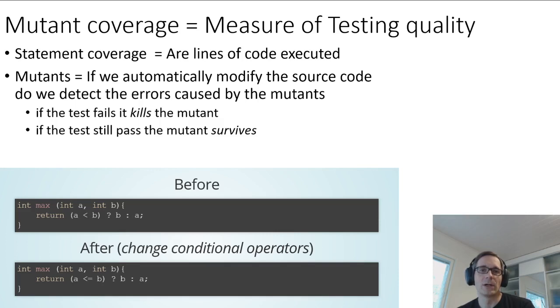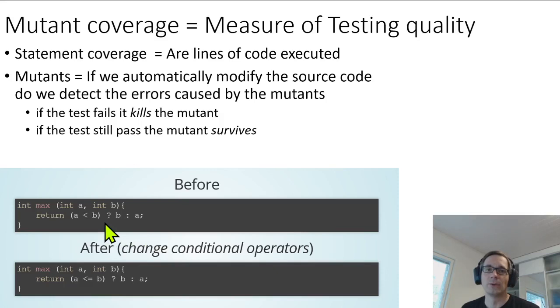So we have covered this mutant, it's not a problem. But if we modify the program source code and the test still passes, then this mutant survives. And then it indicates we have not properly tested the particular mutant that was causing the modification in the source code.